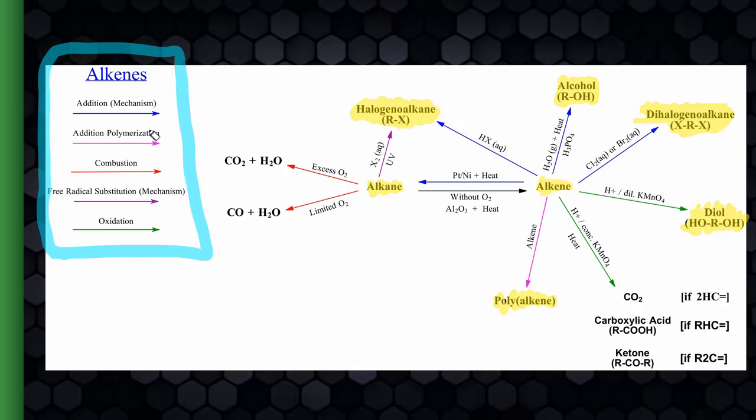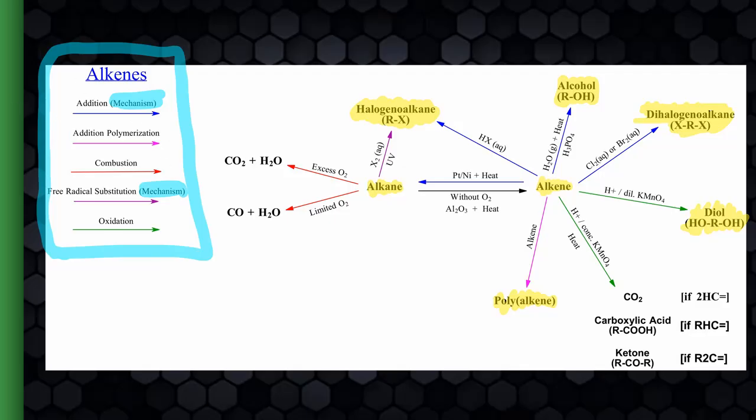And if we need to know the mechanism for a specific reaction, that is set here. So combustion, oxidation, and addition polymerization, we do not need to know the mechanism for those reactions, although addition polymerization is basically the same mechanism as addition reactions. But for free radical substitution and for addition, we do need to know the mechanisms.